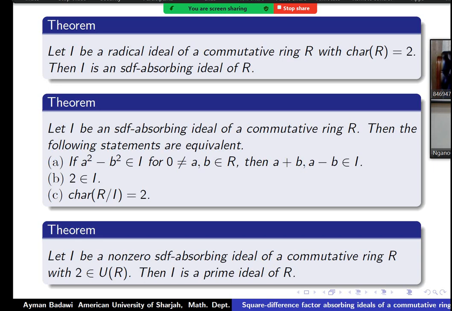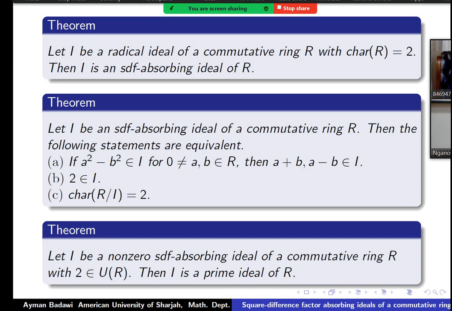We want a minus b and a plus b to be in I whenever you have a squared minus b squared in I. Well, this will happen if 2 is in I, and definitely if 2 is in I, then the characteristic of the ring R mod I will be 2.